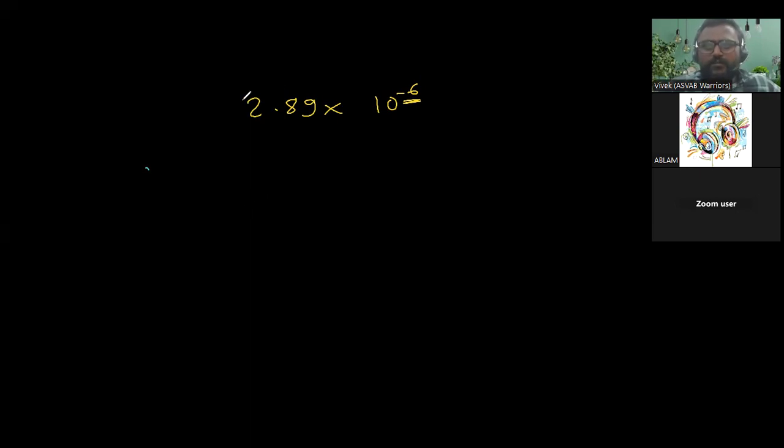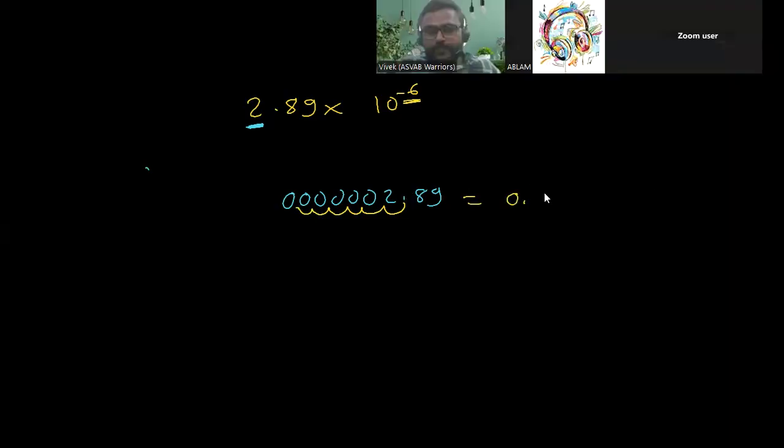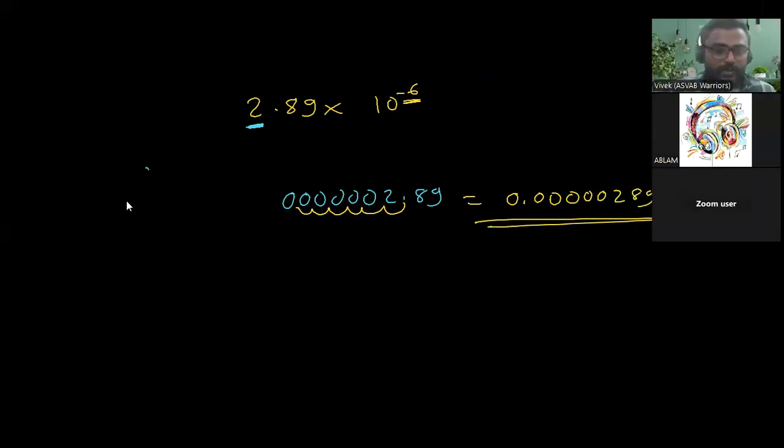If there are not many digits there, because here there is only one digit, just add whatever number of zeros you want, because it doesn't matter much. 6 digits is what we need to move back. 1, 2, 3, 4, 5, 6. We have 0.00000289. This is its standard form. I hope you guys understood it.